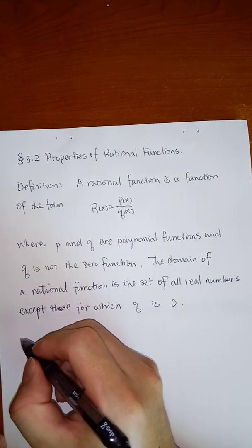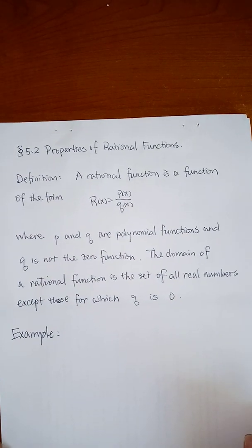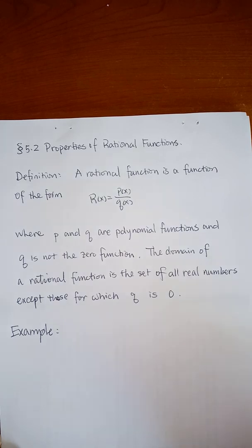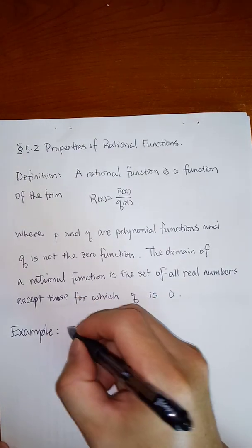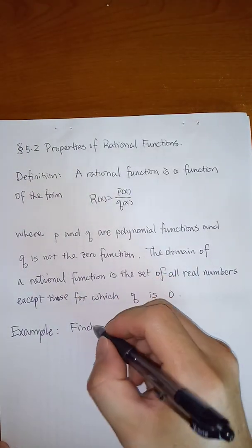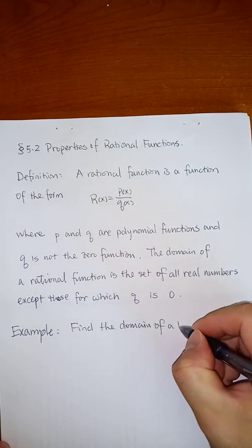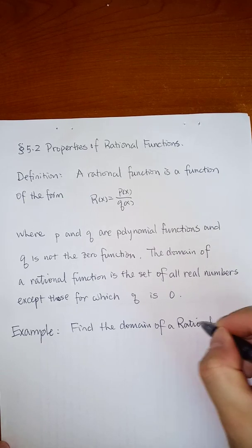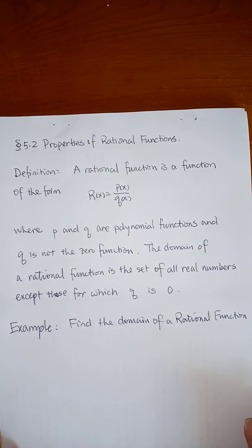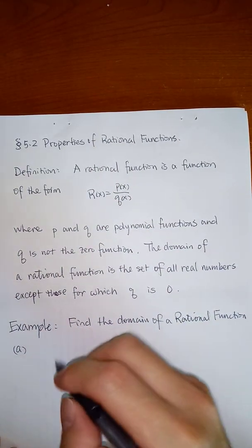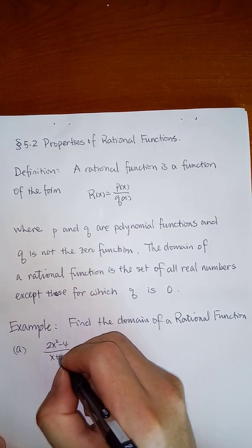Okay, now let's see the example. We list several rational functions and we try to determine their domains. Find the domain of a rational function. A: r of x equals 2x squared minus 4 over x plus 5.